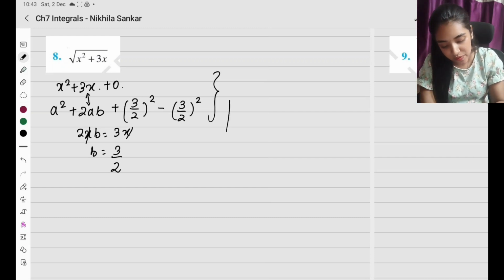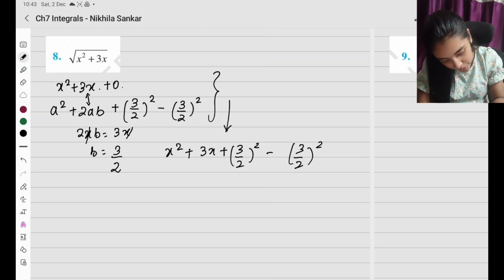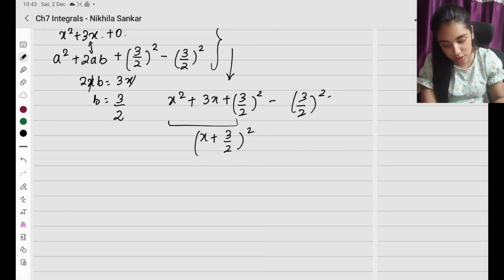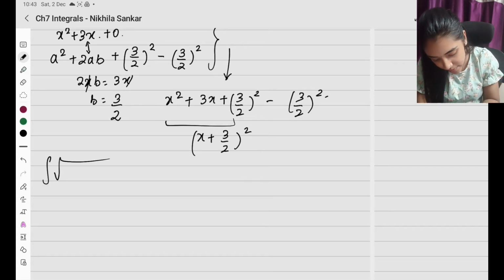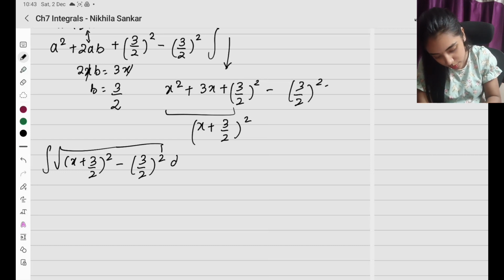So that's all. So when I compare, what do I have? x square plus 3x plus 3 by 2 the whole square minus 3 by 2 the whole square. So this is of the form (x plus 3 by 2) the whole square, and this is 3 by 2 the whole square. So now what is the question? Integral of the square root of (x plus 3 by 2) the whole square minus (3 by 2) the whole square dx.